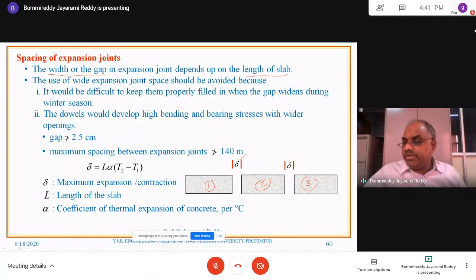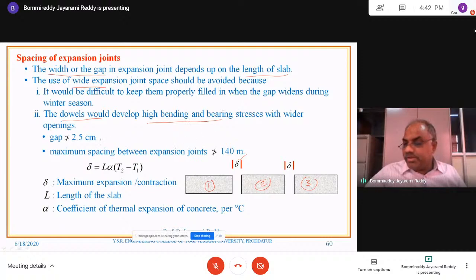A wide joint should not be recommended because more dowel bars are required, and when you use dowel bars, there is a possibility of bending and also bearing stresses induced in them. When the bearing stresses or bending stresses are induced in large quantities in dowel bars, then there is a possibility of damage at the junction.